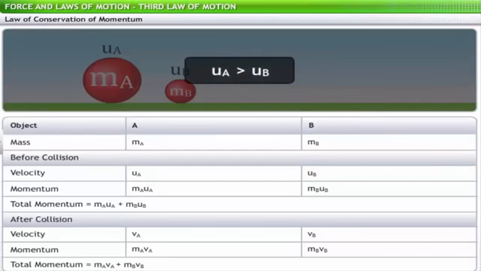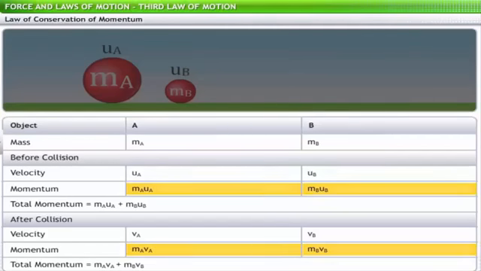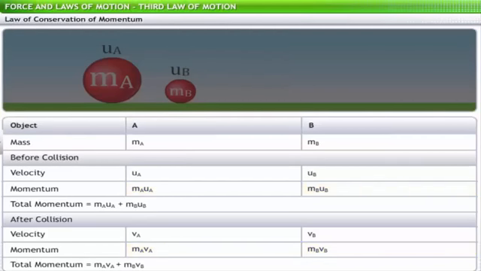The magnitude of velocity of A is greater than that of B. Momentum of an object is the product of its mass and velocity. Therefore, the momentum of each sphere is mass times its velocity. Assuming there are no external forces, the total momentum in the system will be equal to the sum of the momentum of both the spheres.